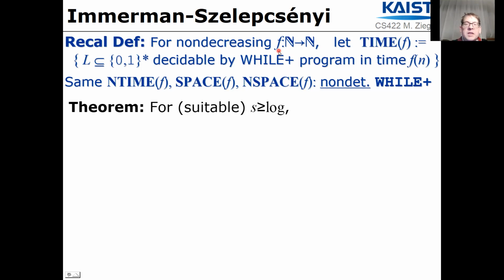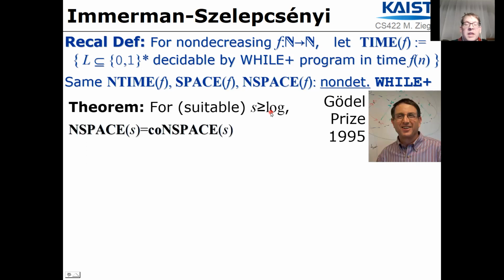And the theorem says that, with some technical suitability assumption, which I'm going to return to later, as long as this is even, we can even deal with only logarithmic space, then in this case non-deterministic space is the same as co-non-deterministic space, the complement, up to a linear overhead.